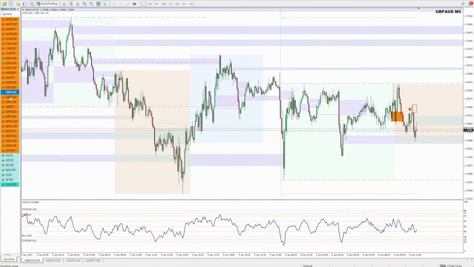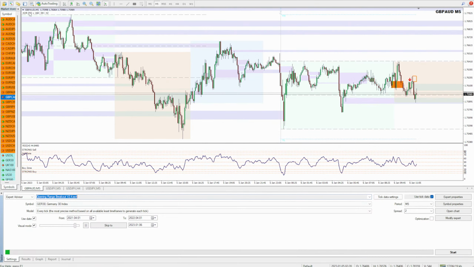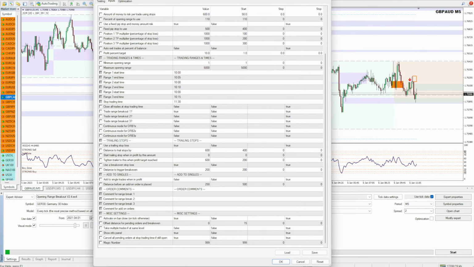Hang on, let me just open the chart. I'm only doing the strategy tester. So the break-even stop is this one here. This distance is from your open. So if you have a trade there, in this case 20 pips, if price moves down 20 pips, it will break even that trade.